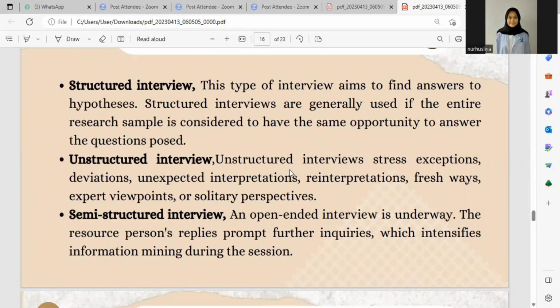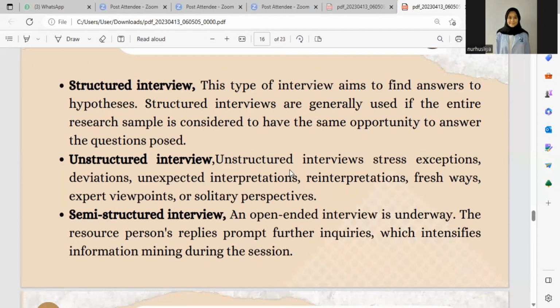And then semi-structured interview, an open-ended interview is underway. The research persons refrain from further inquiries, which intensifies information meaning during the session.